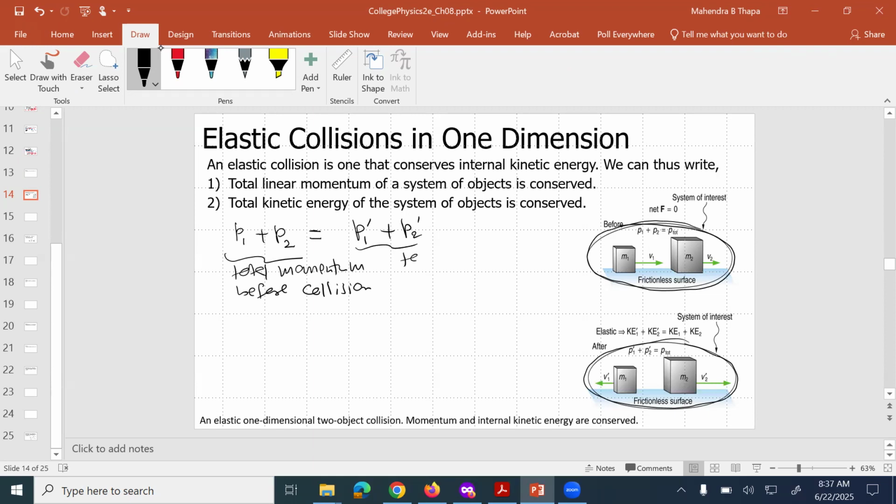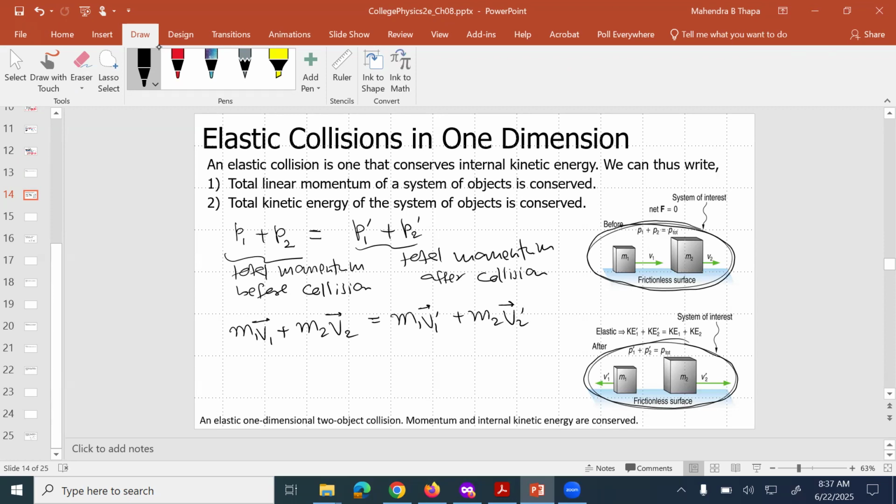This is total momentum after collision. So that equals M1 V1 plus M2 V2. These are the vectors. That equals M1 V1 prime vector plus M2 V2 prime vector.